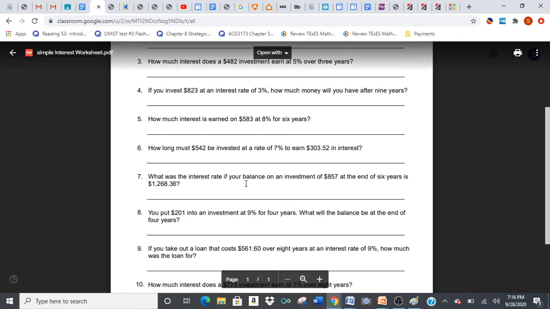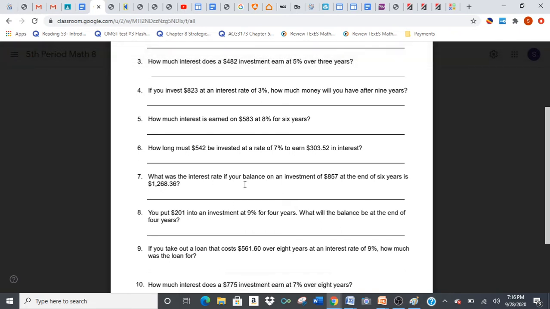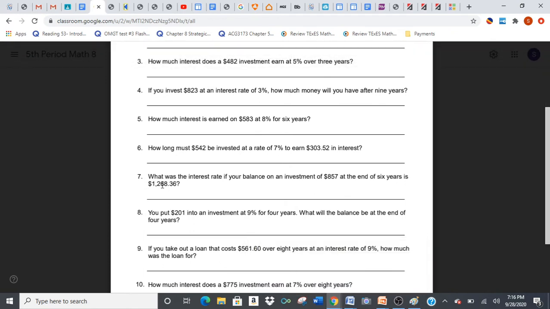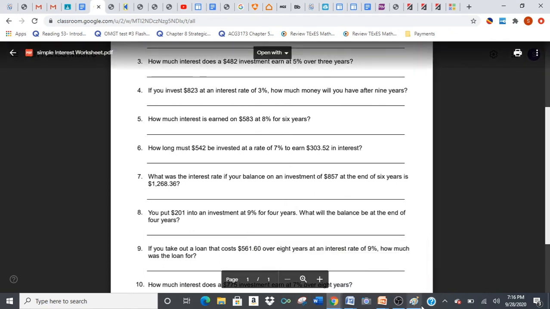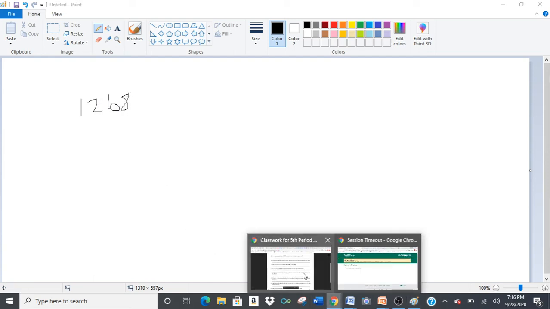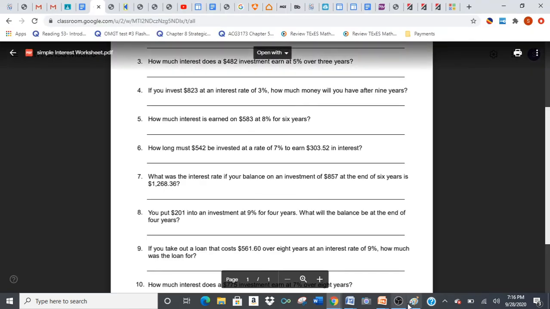So anytime it says your balance or makes you think of adding these two together, this is your total amount right here. So that's telling you $1,268.36. I've got to write that down before I forget it.